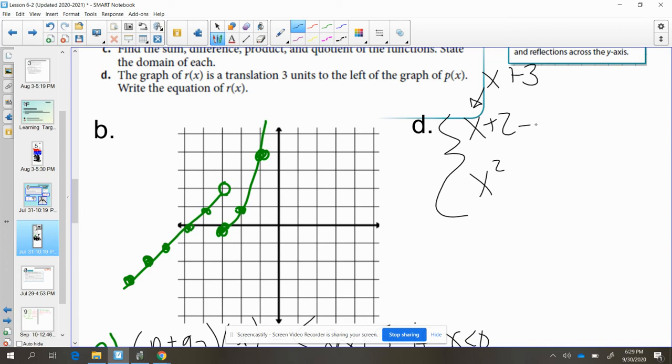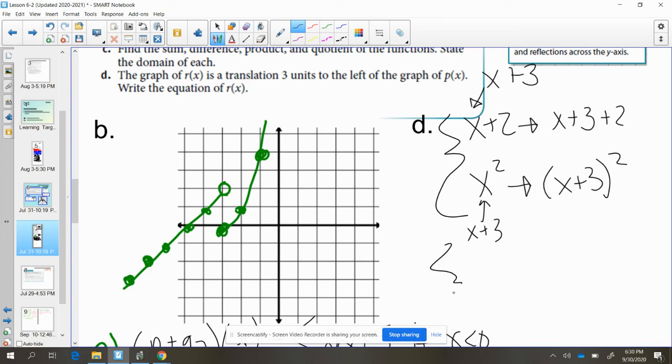So we're basically substituting in x plus 3 for x. Don't forget the plus 2. And then same idea here, we need to put in the x plus 3 for x. So this is going to become x plus 3 quantity squared. So our equation really is x plus 5 and the x plus 3 quantity squared.